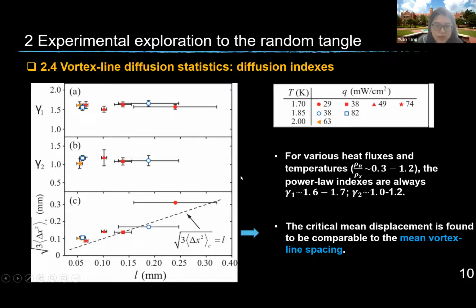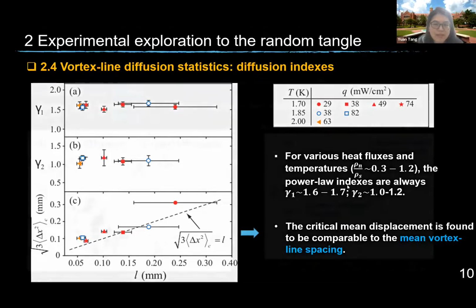We always have a superdiffusion with power-law indices between 1.6 to 1.7 and a nearly normal diffusion with power-law index between 1.0 to 1.2. We also compared the critical mean displacement with the mean vortex line spacing. It is found that those critical mean displacements are comparable to the mean vortex line spacing.